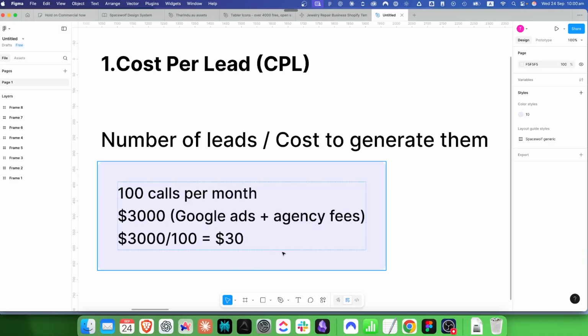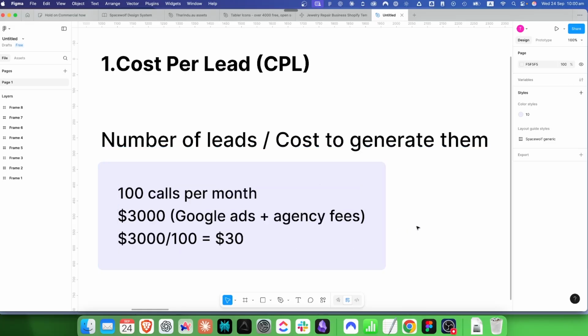So if it's costing you more to generate a lead than your actual selling price, then you have a problem, right? In digital marketing, you need to identify if the marketing campaign is working or not. So this is one of the key metrics, cost per lead.